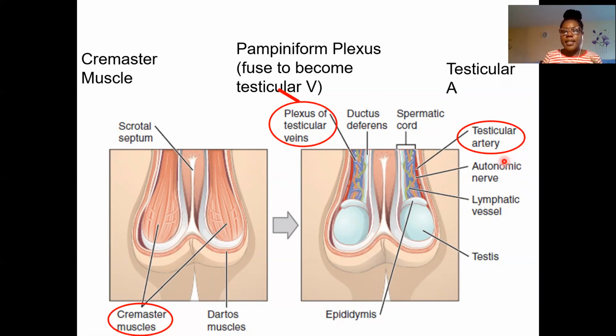So the blood supply to the testes is comprised of the testicular artery as well as the network or plexus of veins that's called the pampiniform plexus. And just to remind ourselves, these are the vessels that I mentioned that are running in the spermatic cord. The pampiniform plexus eventually fuses to become the testicular vein, running alongside the testicular artery.